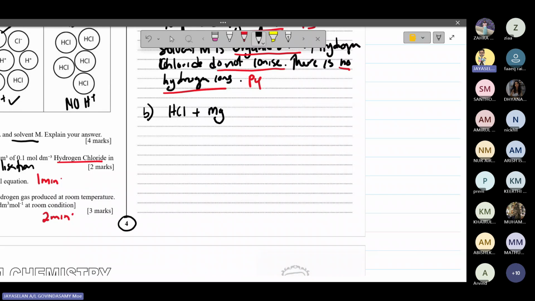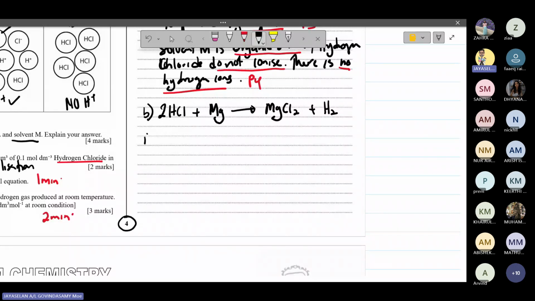After you erase this M, make sure you put capital M, because magnesium is capital M, small g. Then you put MgCl2 plus H2. Balance: H2, H2, Cl2, Cl2. So you already score your 2 marks. Don't waste your marks on this part.